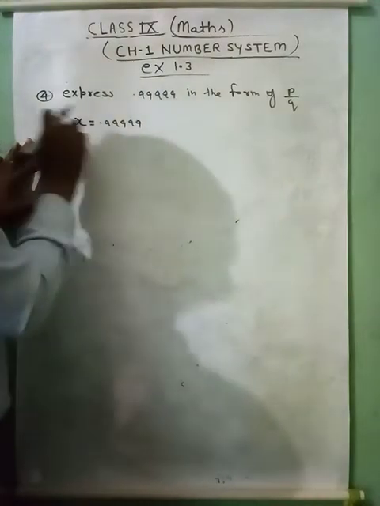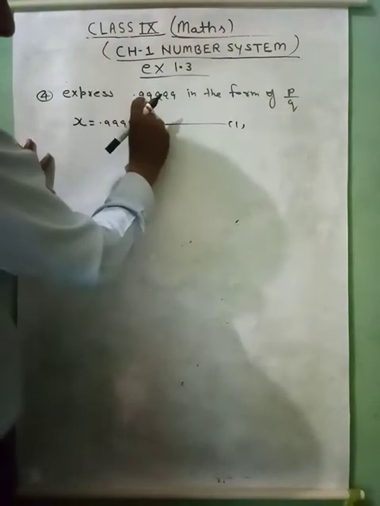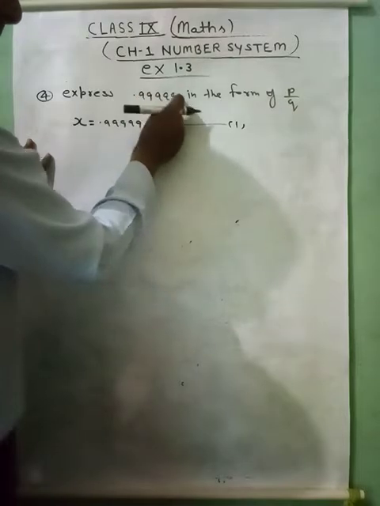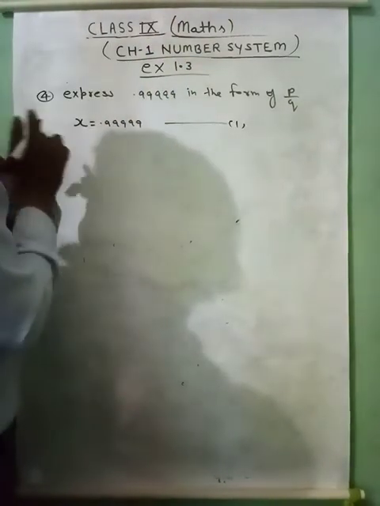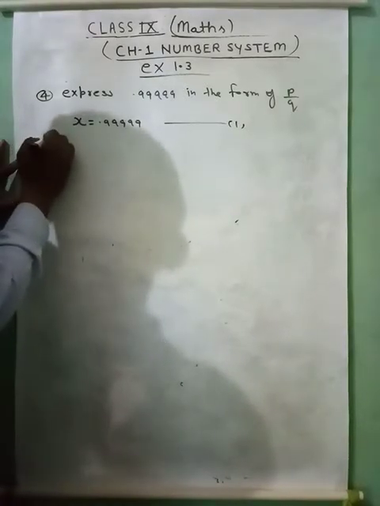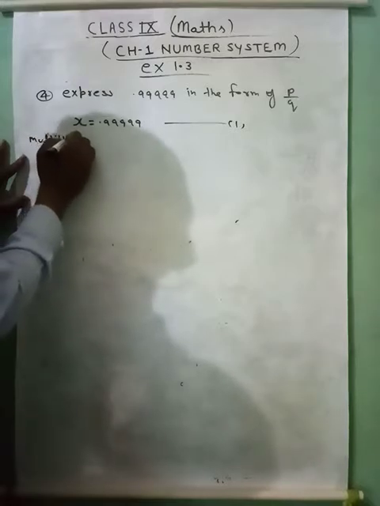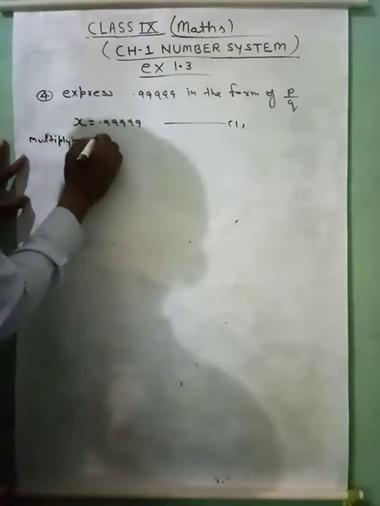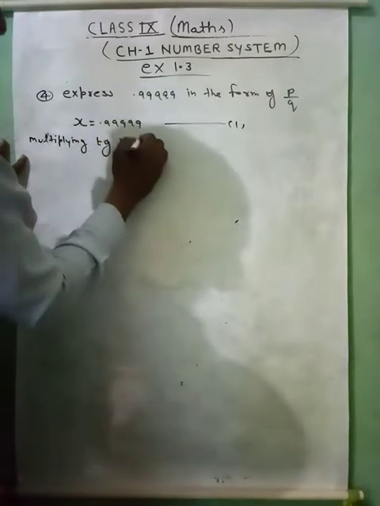So we have to multiply this equation. Here one digit is repeating. Always remember, it is 0.99999, which means 9 is repeating. 9 is one digit. So in this equation we have to multiply by 10 on both sides.